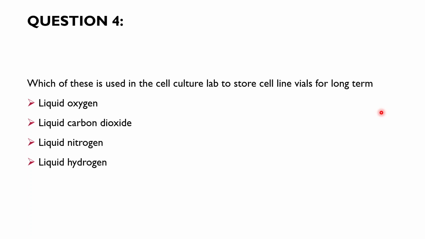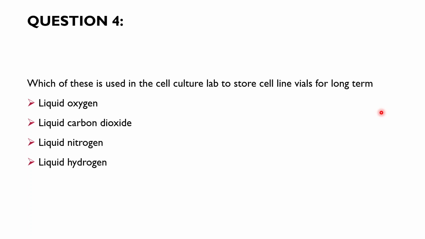We mix our cells with an appropriate freezing medium, and then we place the cells for short term storage at minus 20 degrees for about 3 to 4 hours, and then we shift the cells to minus 80 degrees centigrade. This is how it is done in our lab.